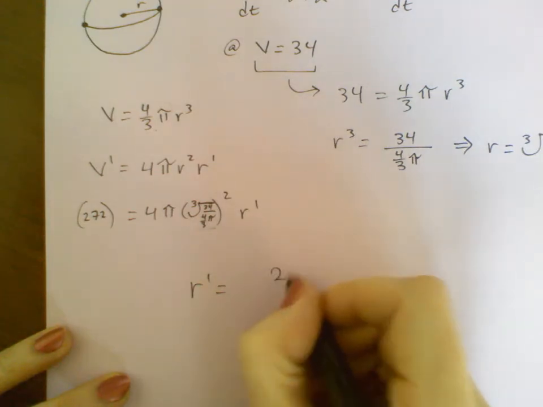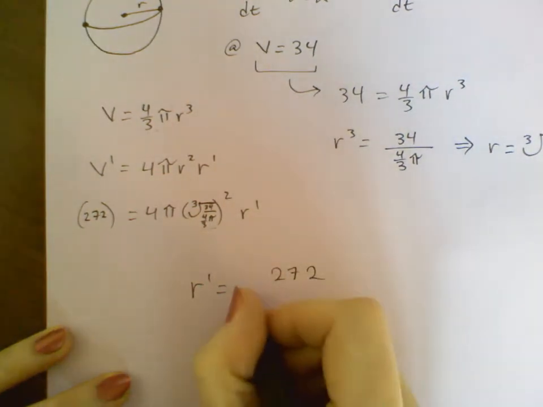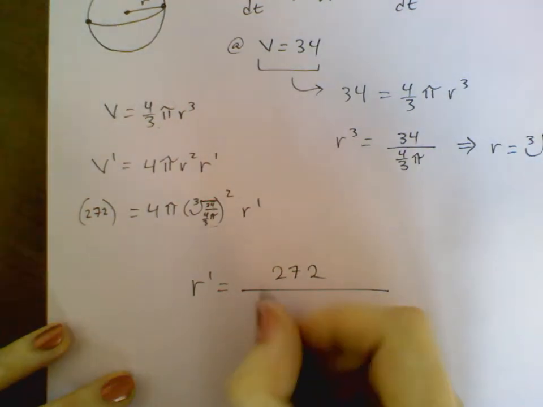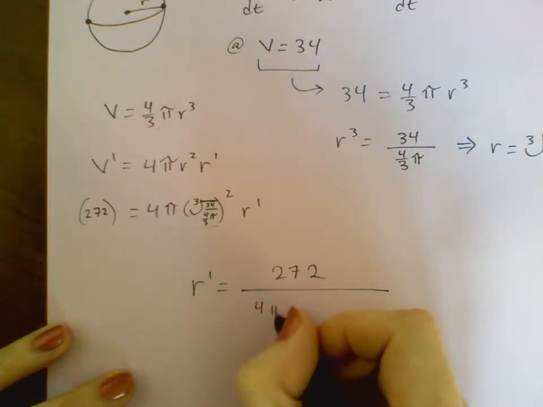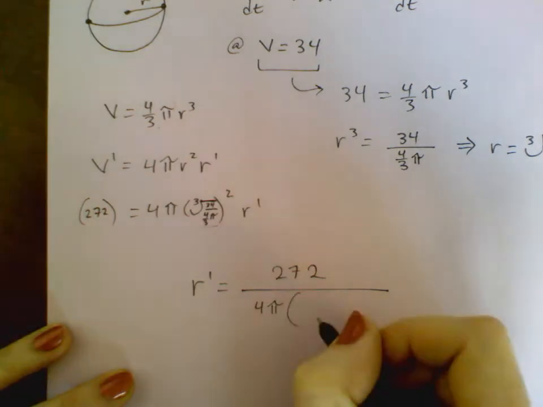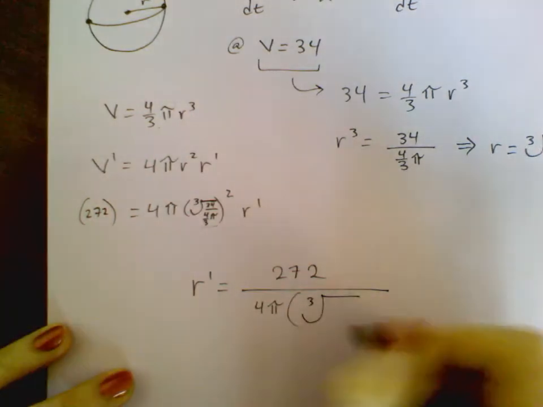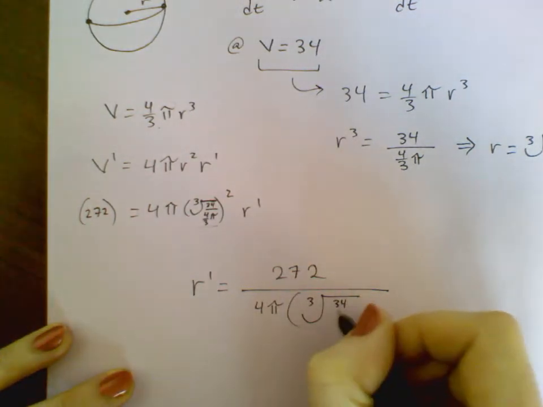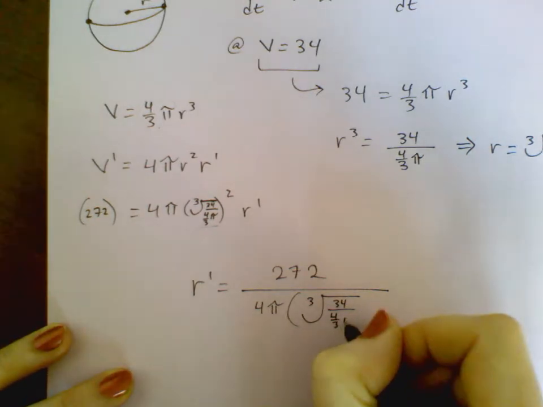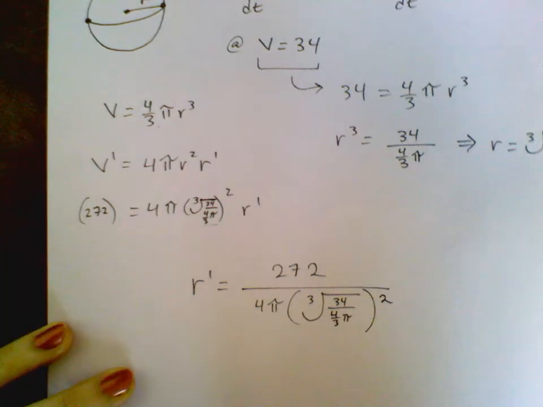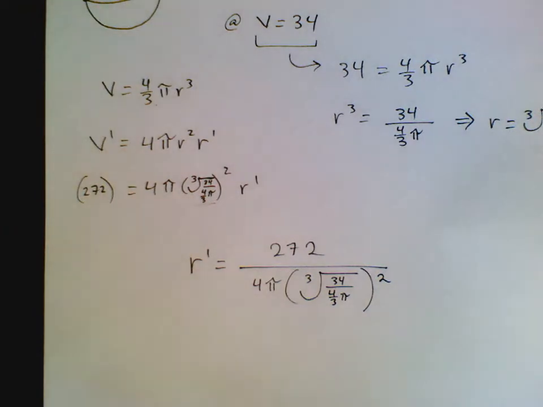But I have to grab one in a minute though. So it's going to be 272 over 4 pi cubed root of 34 pi squared. Okay, and then I'll just plug that into the calculator.